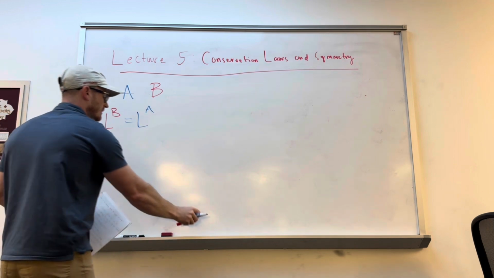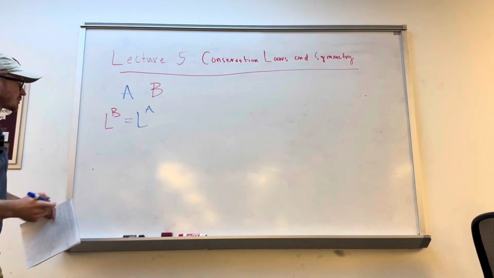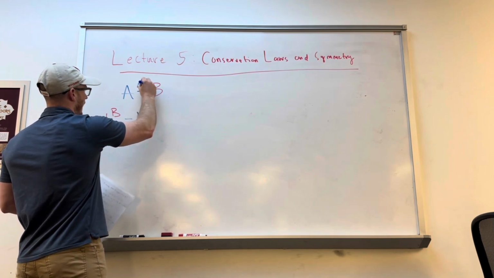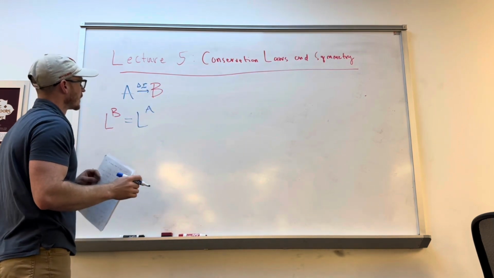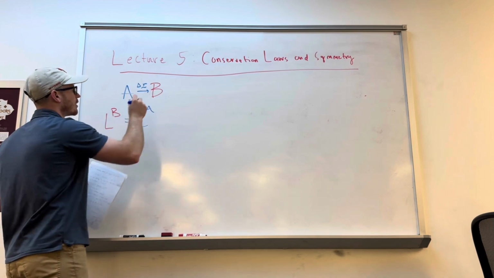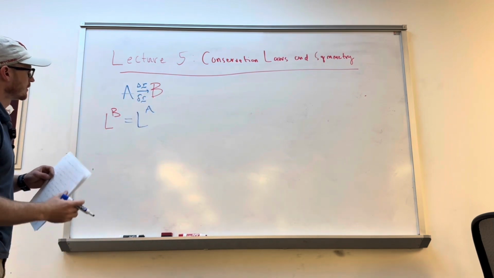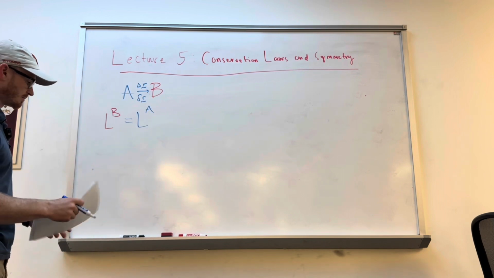So now let's consider if instead of perturbing by a delta R, so instead of going from A to B by adding delta R to everything, let's add a very small perturbation, some infinitesimal delta R. Well, what does that give us?